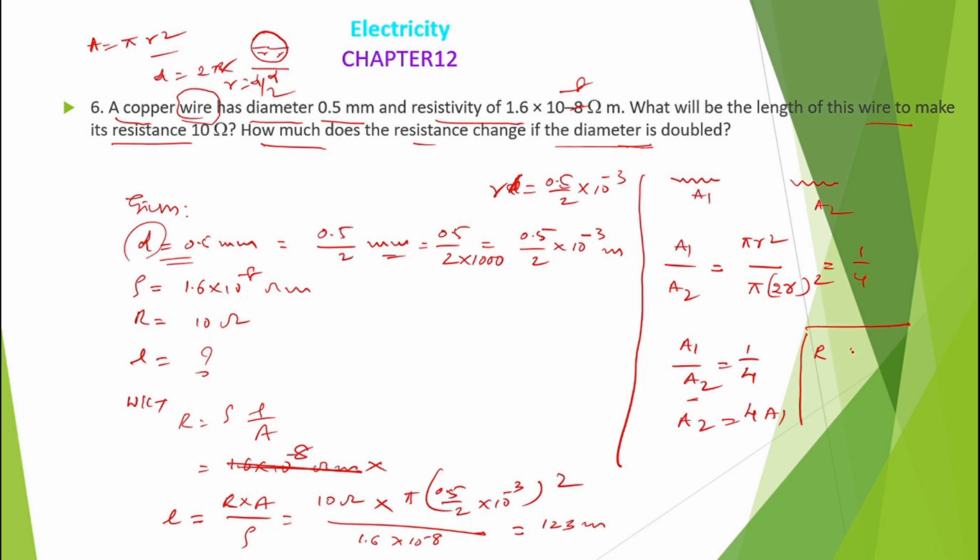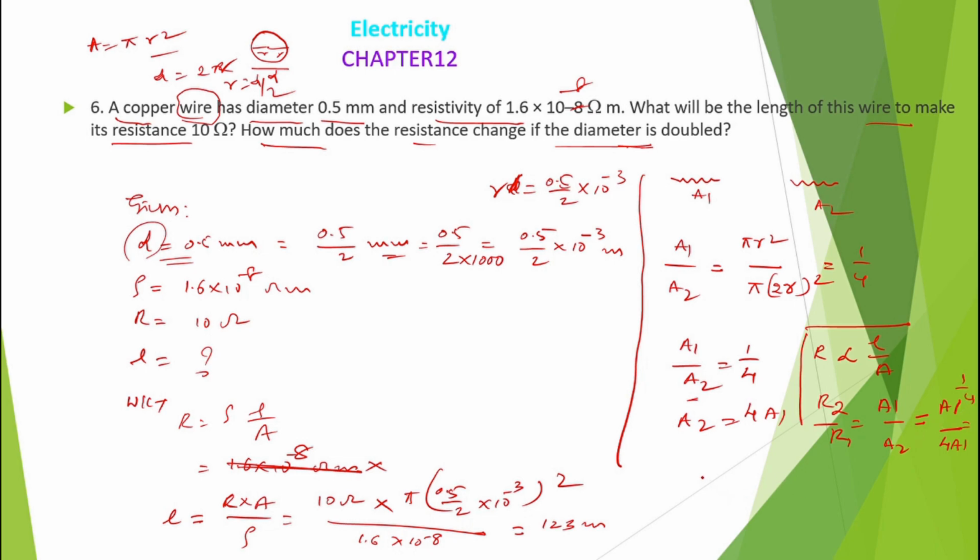R is directly proportional to L by A. And R2 by R1 is equal to A1 by A2, is equal to A1 divided by 4A1. Correct? So A1 cancel, is equal to 1 by 4.